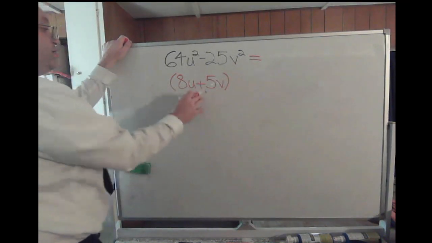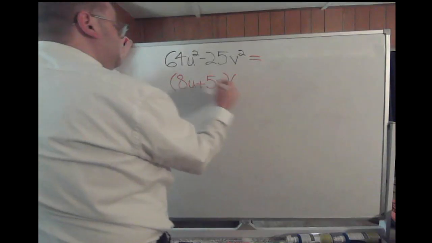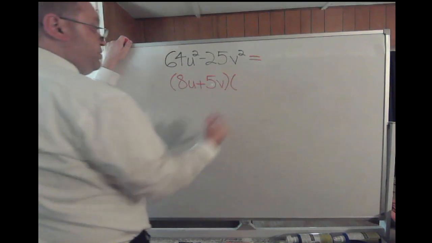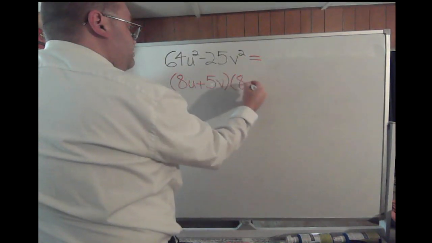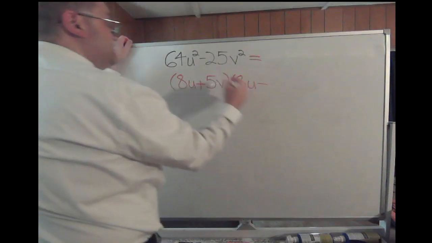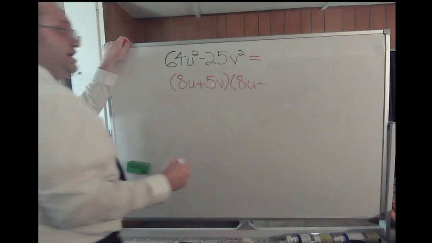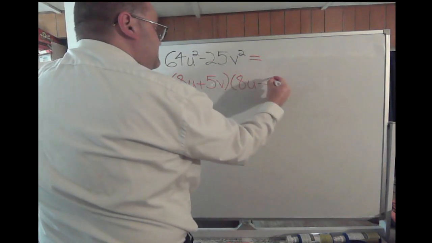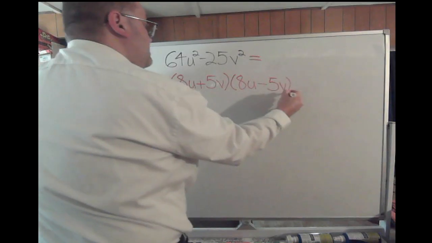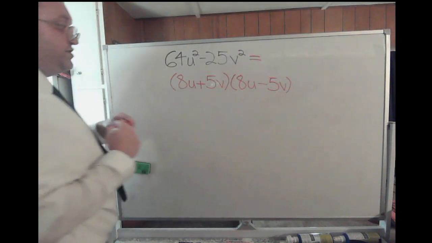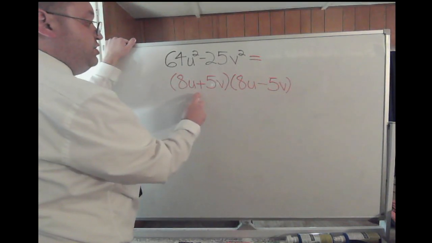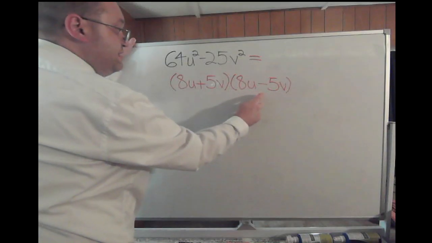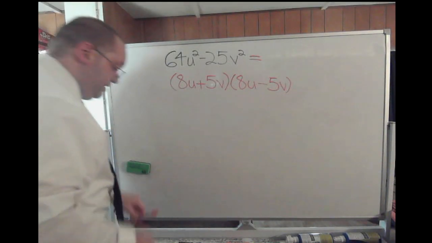So you got that quantity times the quantity of the square root of 64u squared, that's going to be 8u, minus the square root of 25v squared, that'd be minus 5v. So the factorization answer you should get is the quantity of 8u plus 5v times the quantity of 8u minus 5v.